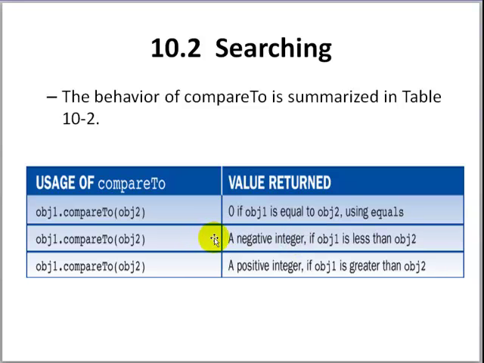It could be, but you should not generalize that it would be -1. We'll go to the bottom one. If the left-hand side is greater than the right-hand side, you're going to return a positive integer. And once again, I just go left to right. That's the way that I remember it. If you have not returned a negative integer and you have not returned a positive integer, then you must have returned 0. And what that means is it's not greater than, it's not less than, it is equal to.